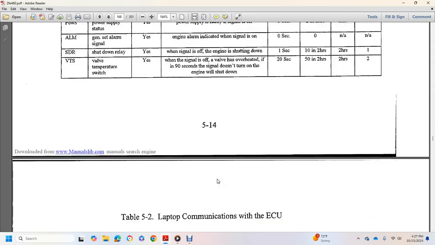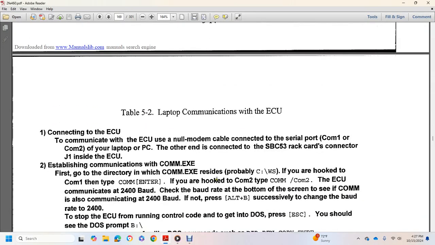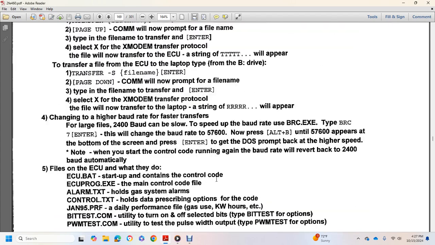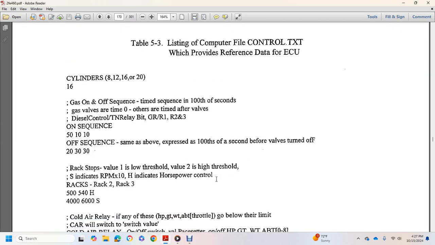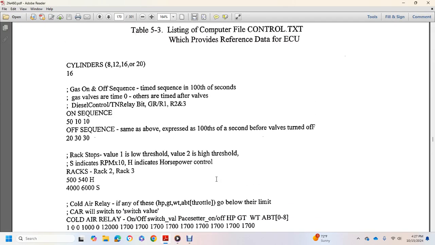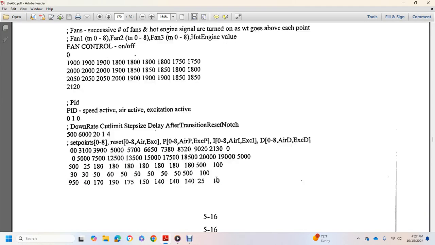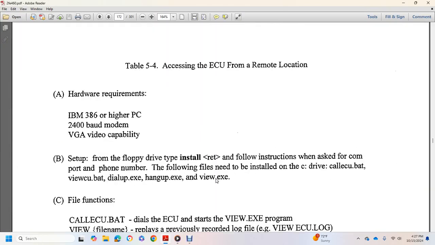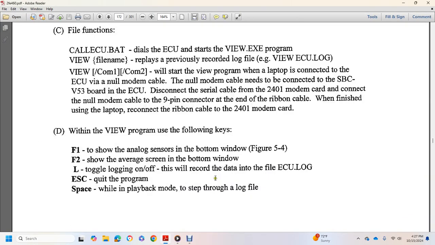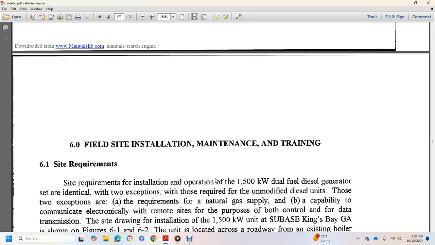Table 5. Laptop communications. Listing of computer file control text provides data for the engine control unit. Table 5.4. Chapter 6 Field Installation, Maintenance and Training.